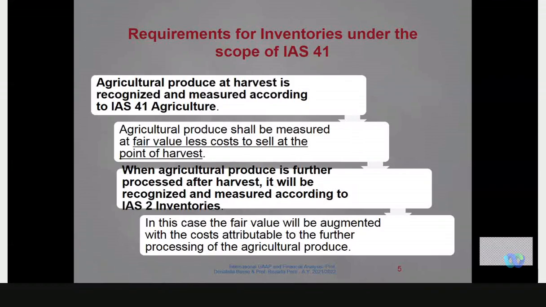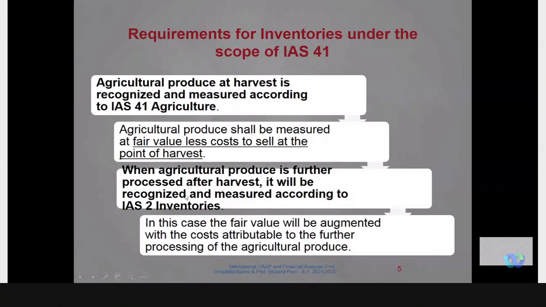So first of all, keep in mind the difference in the method of computing or accounting for the cost of different inventories. Normal inventory is measured at the lower of cost and net realizable value, whereas IAS 41 agricultural produce will be measured at fair value, less the necessary costs.